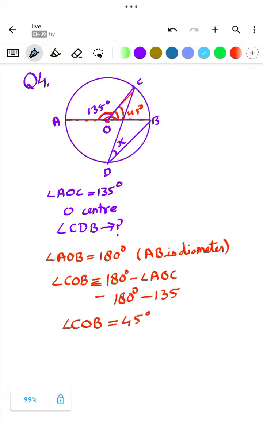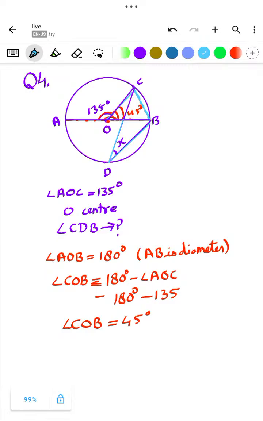Now if we join CB, so you can see CB is a chord, and this is making angle COB at the center of the circle and angle CDB at the remaining part or the other part of the circle.